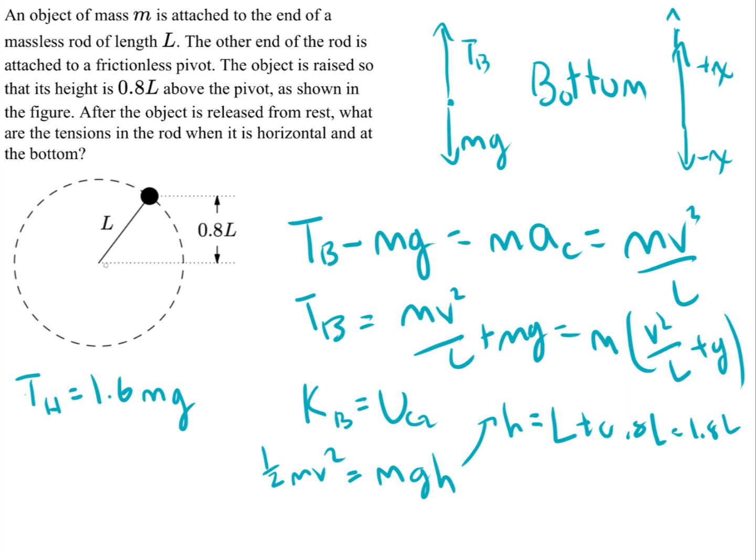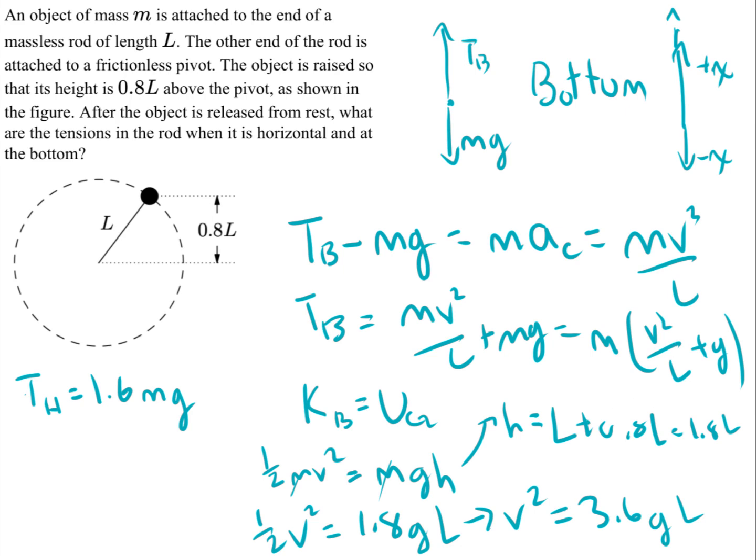So it will need to fall down this distance here, including the original height of 0.8 L. So again, masses cancel. So 1/2 v squared is equal to 1.8 gL. So v squared is equal to 3.6 gL. Again, we don't need to square root anything because the question is asking for v squared.